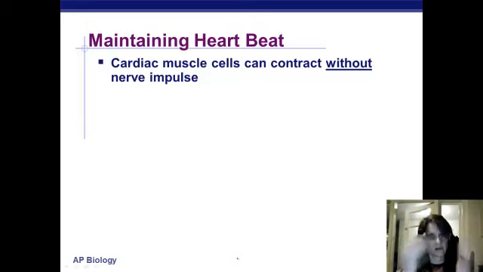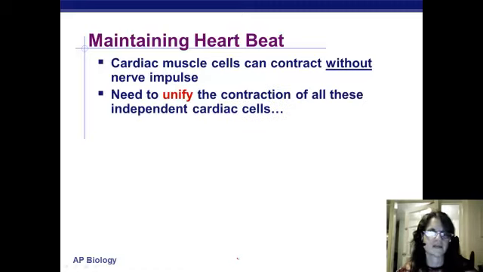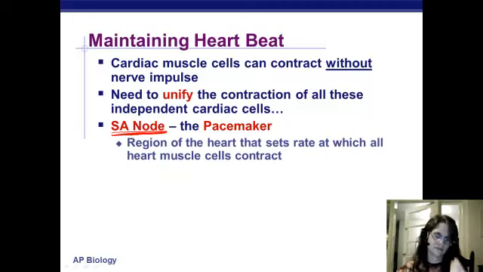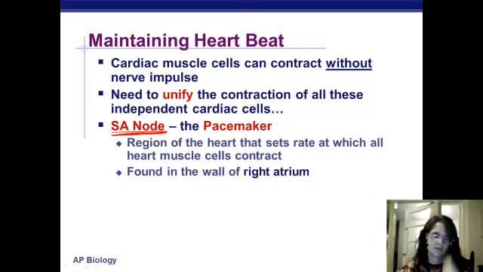But we like to have nervous system control over things. So we are going to unify the contraction of these independent cardiac cells with a patch of nerve cells that is within the heart itself, and it's called a pacemaker. If your pacemaker goes bad, you get an electronic pacemaker put into your heart. Okay? The proper name for the pacemaker is the sinoatrial node, or the SA node, saying where it's located, which I'll show you in a minute.